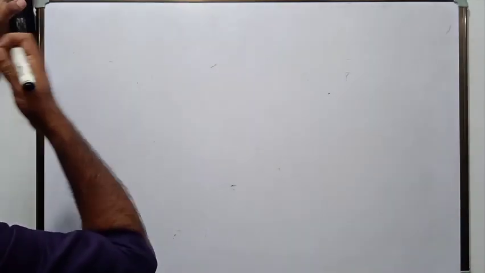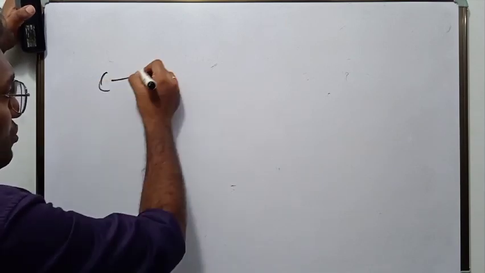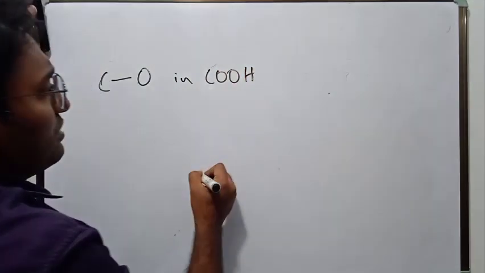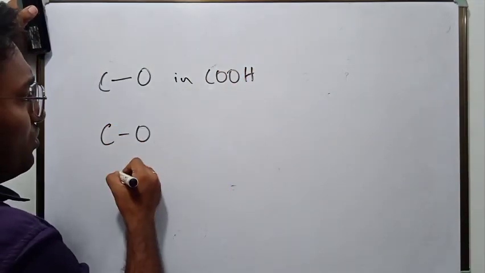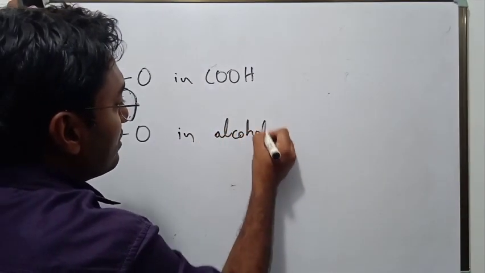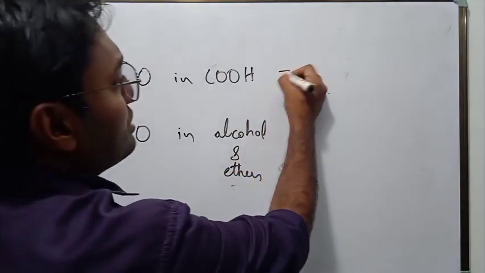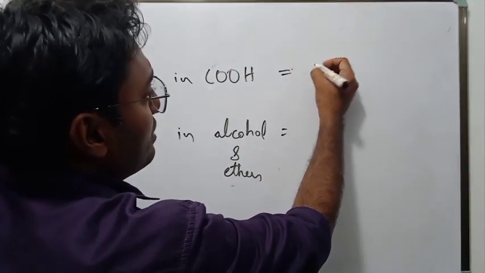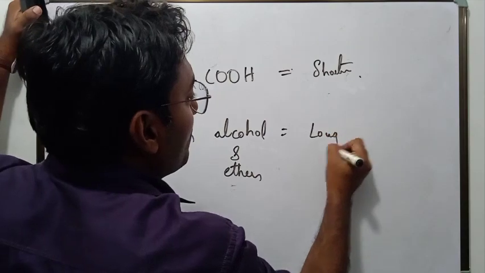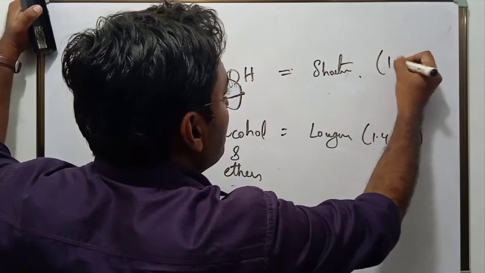If you look at the X-ray diffraction measurement, the carbon oxygen bond in the carboxylic acid COOH group, and if you compare the CO in your alcohol or in your ether, this is much shorter, and this is longer. This is 1.43 Angstrom, and this is 1.30 Angstrom.